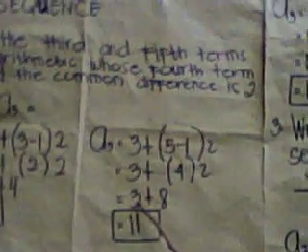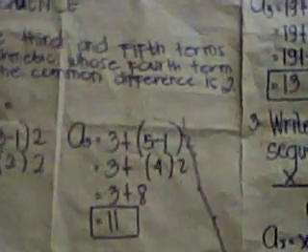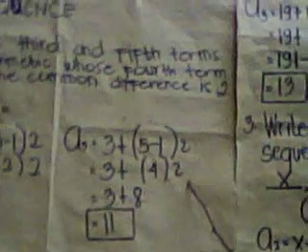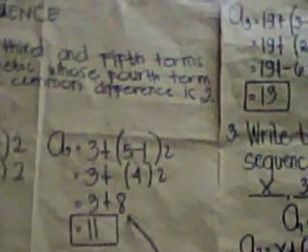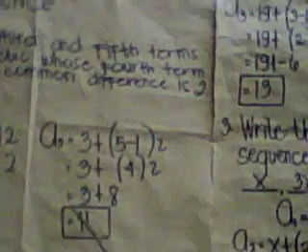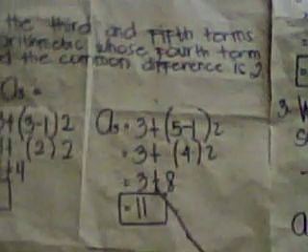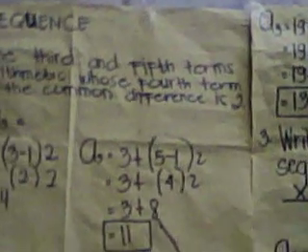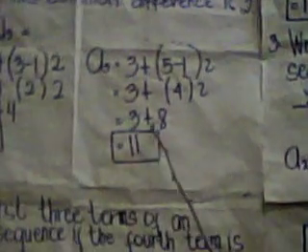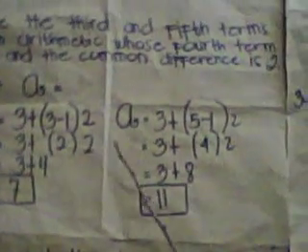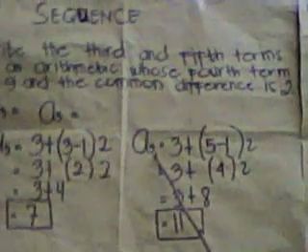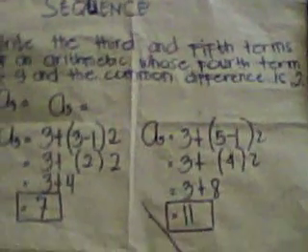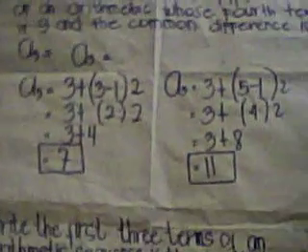Then 4 times 2 is equal to 8. I follow the sign because it is added, so 3 plus 8 is equal to 11, and 11 is the fifth term, a sub 5 is equal to 11. Okay, let's proceed to our next example.